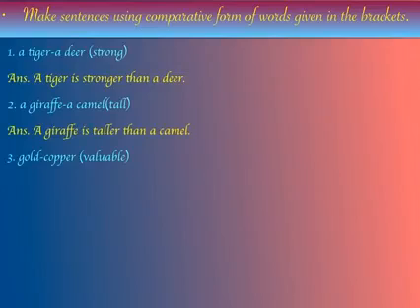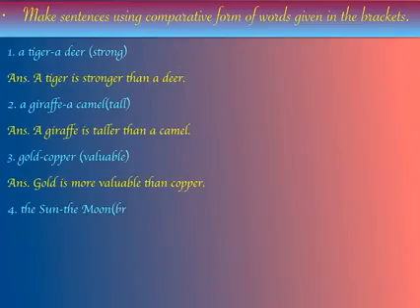So do you think there would be any changes in this word valuable? Well, let's see. The answer is gold is more valuable than copper. So over here we don't make any changes in the adjective valuable. Instead we would be adding the word more for comparative degree.